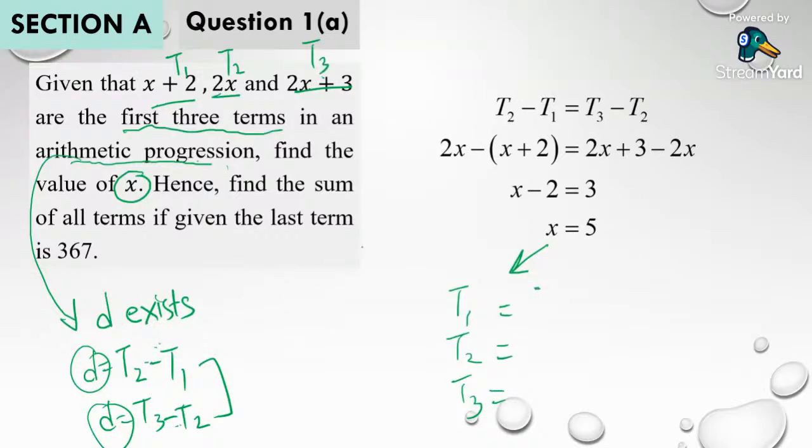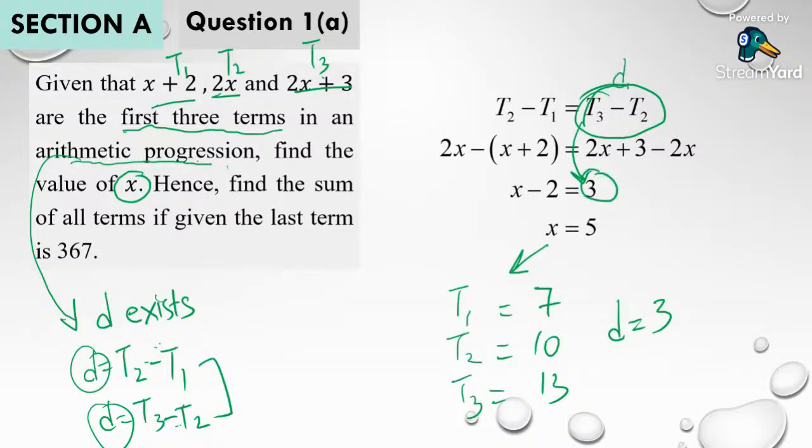So it happens to be 7, 10, and also 13. The D is clear enough to see is equals to 3. In fact, we can see the calculation here already provides us the answer. This is actually the D value 3.